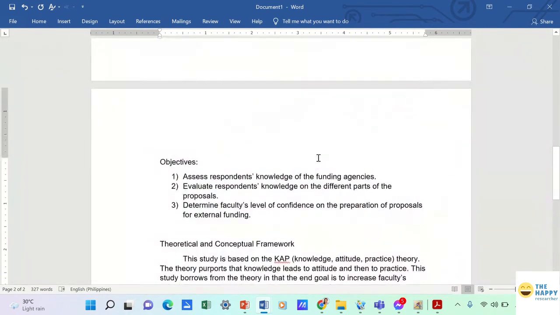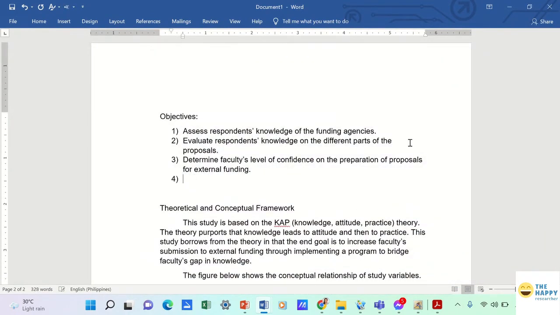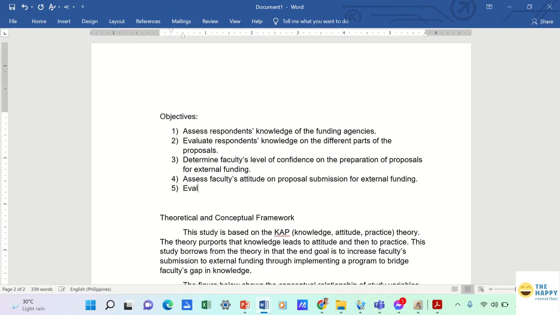So here I will try to revise the objectives based on our theoretical and conceptual framework, just to show you the relationship of our knowledge, attitude, and practice. And so you can see how a theory and a conceptual framework will work in the context of a study.